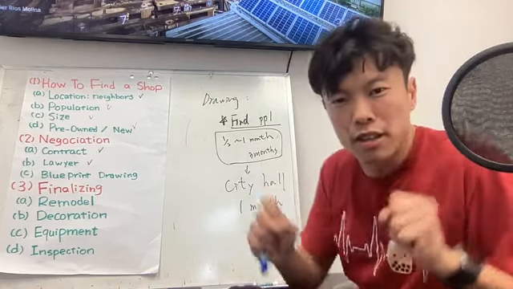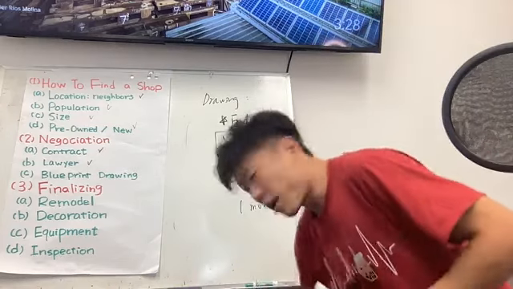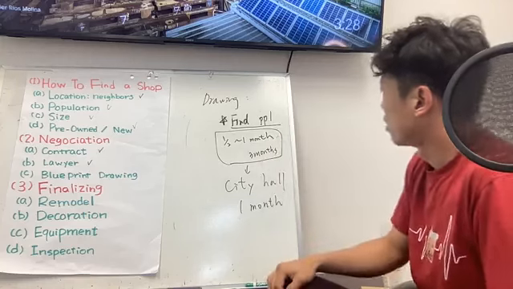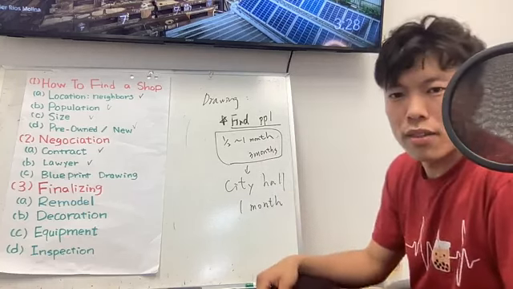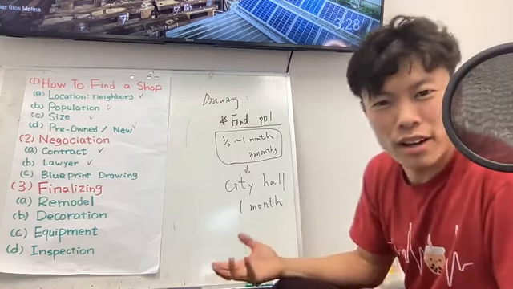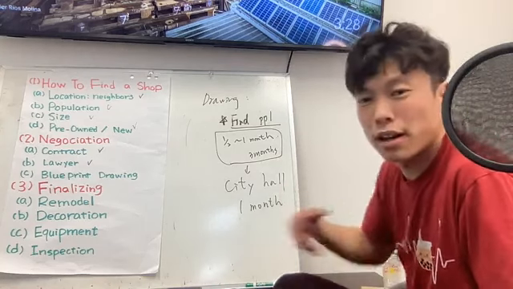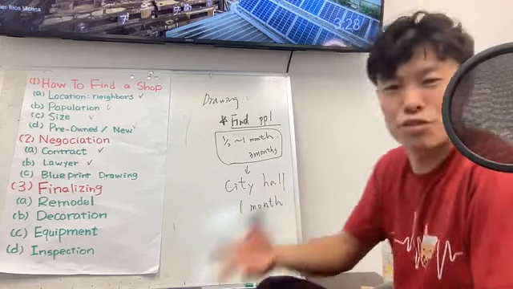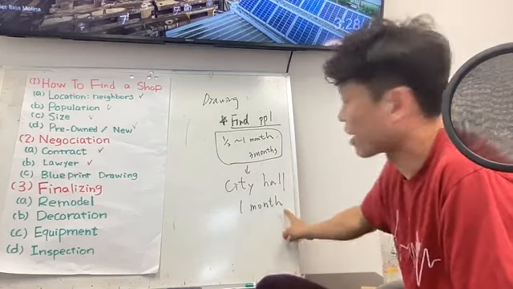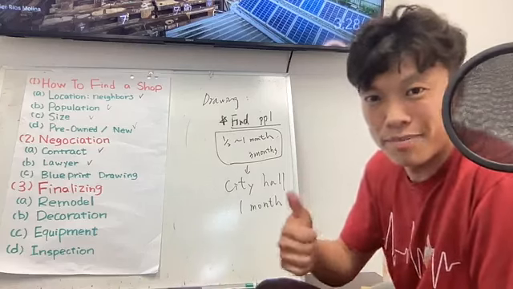Let's calculate a little bit. If the free rent is 3 months, you draw for 1 month, and city hall takes another month, so basically you only have 1 month of free rent. So what can you do? Before that, you cannot do the construction or remodel. It's impossible, so you have to get this approved.